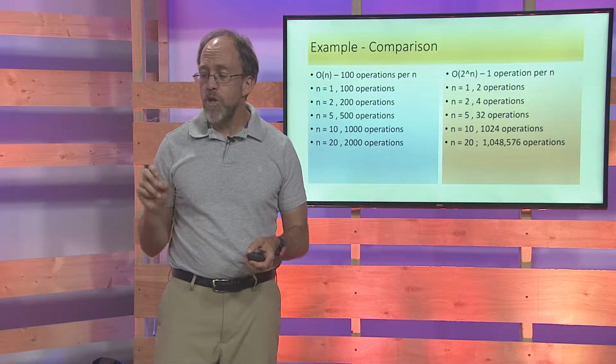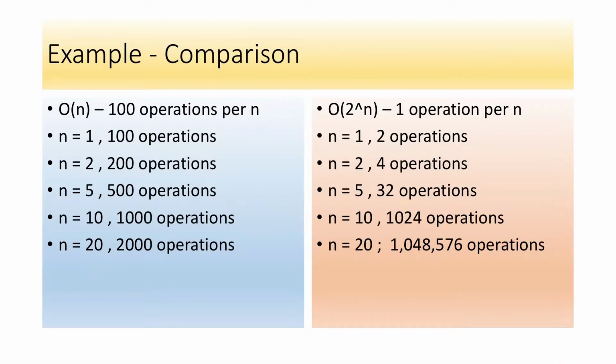And here's a good example of this. Something that's O of n and something that's O of 2 to the n. This is a good case because I'm saying, okay, every time you do something with an n, there's 100 operations in the O of n case. So you've got a constant, 100 times O of n. And in the O of 2 to the n, there's one operation per n.